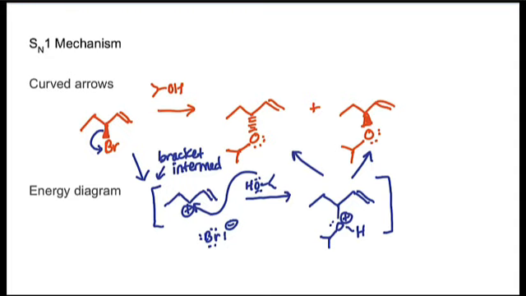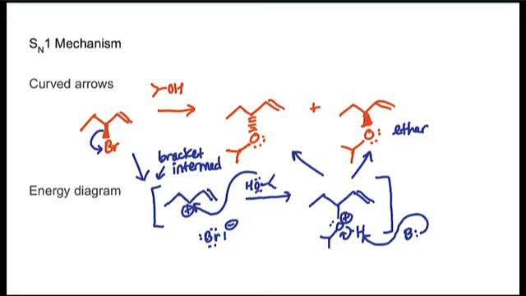We could draw a mechanism for that by taking just a conjugate base in solution. In these polar protic solvents, you can always feel free to generate an equivalent of conjugate base for the purpose of deprotonating that product to give us the stable ether. In this case, the functional group that we form is an ether.